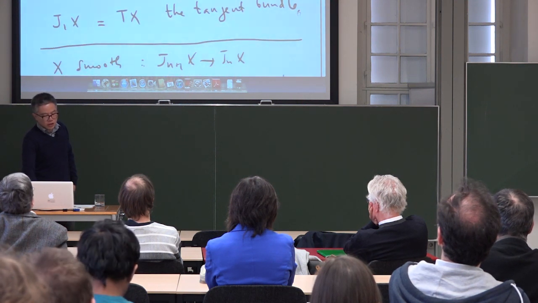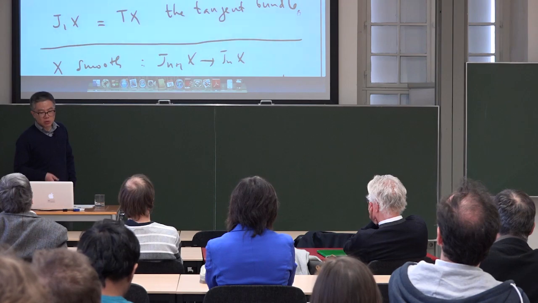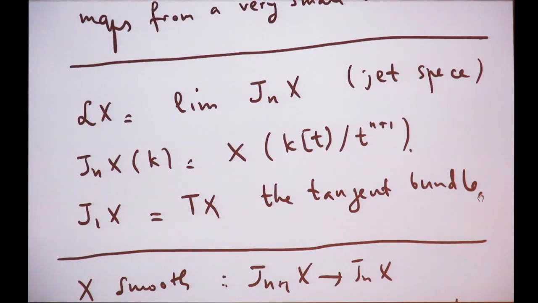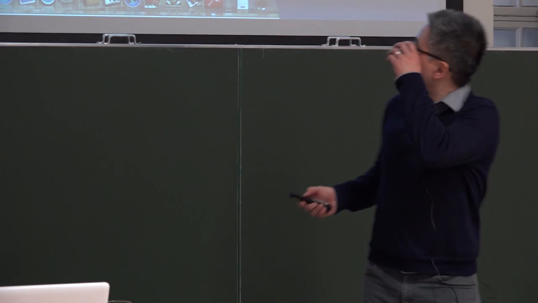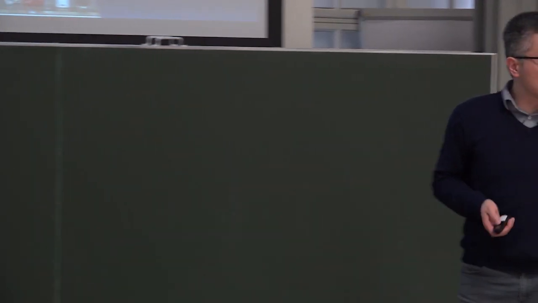Another way to think about the arc space, which is more algebraic, is as the limit of the jet spaces. The n-th jet space is X, but with values in K[t]/t^(n+1). So you do the same, but instead of the whole formal series, you just look at the truncated formal series to order n+1, and then you set the same equations.